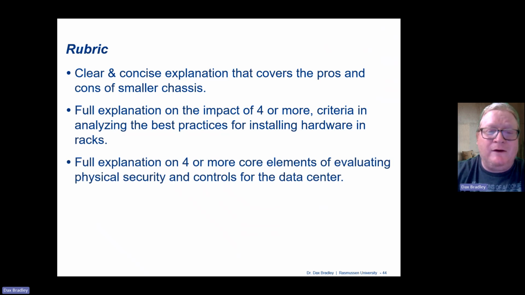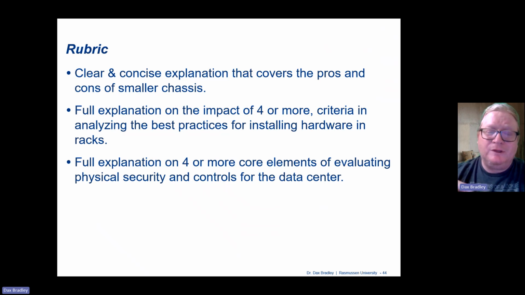Then an explanation of 4 or more core elements involving physical security and controls for the data center. Security controls can be something as simple as locks on the doors, different types, bioscanners like fingerprint scanners. Other controls can be a human element, challenging someone who doesn't have an ID, physical security badges.